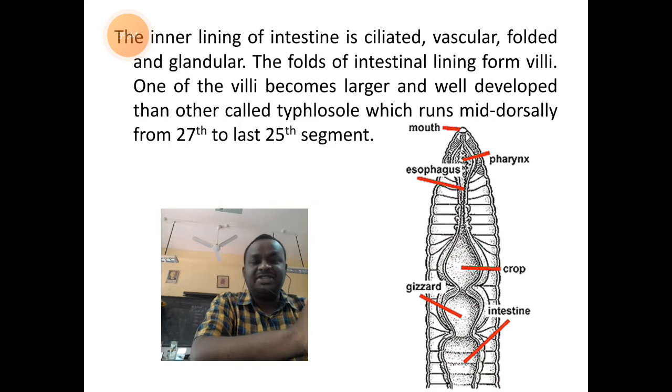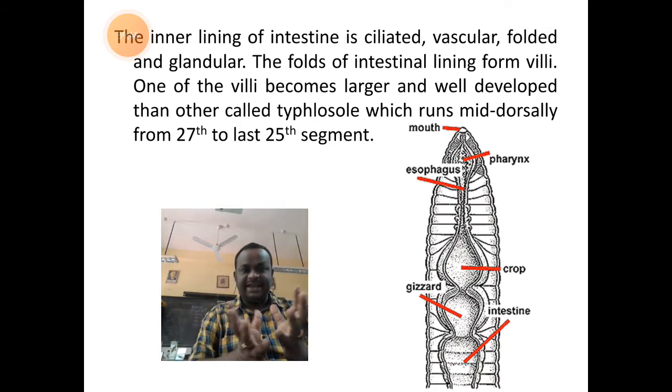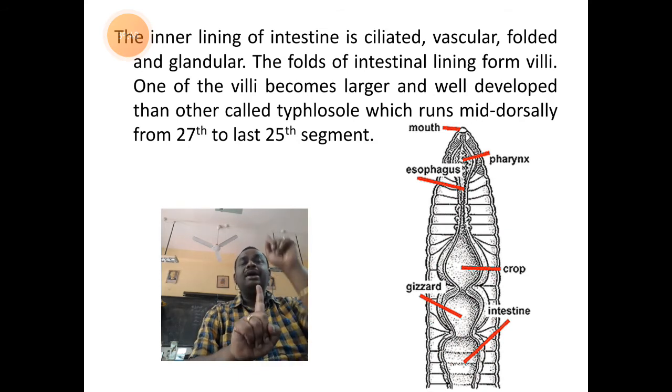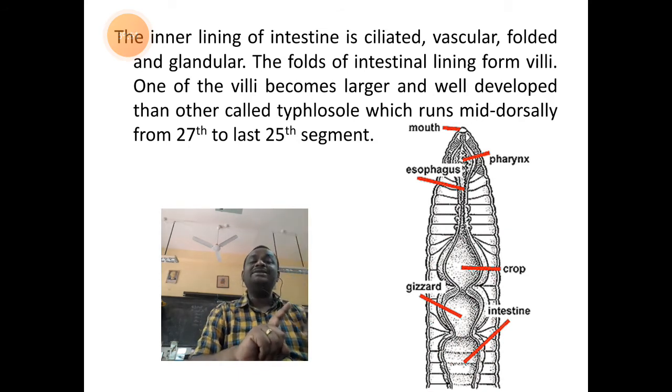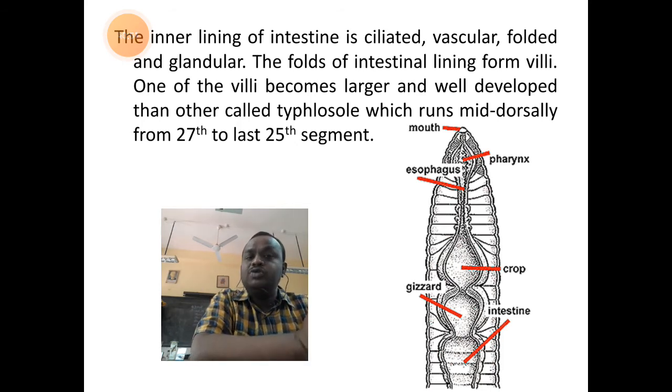In simple terms, you have many finger-like foldings inside the intestine, but the one on the dorsal side remains a large-sized intestinal villus, and this elongated villus is called the typhlosole. Students, remember, typhlosole refers to the elongated finger-like projection of villus seen towards the mid-dorsal side of the intestine.